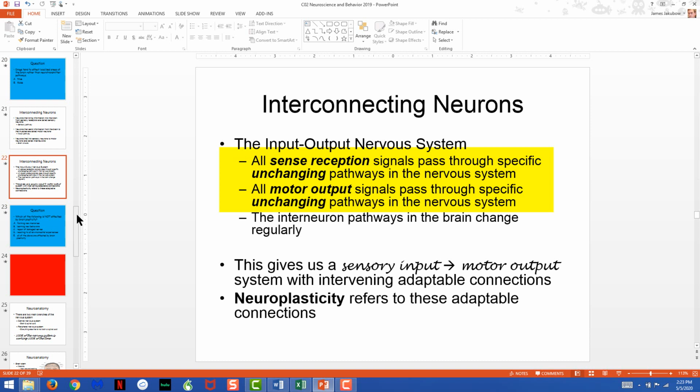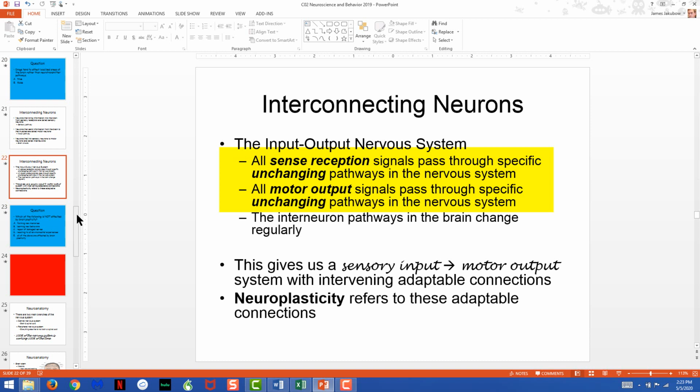That pathway never changes. The same is also true with the motor output pathways. From the portion of your brain that receives the final decision about how you should behave through the entire motor output pathway to your legs and feet, all of that pathway never changes over your entire life. It doesn't get faster, it doesn't get slower, it always operates exactly the same way.